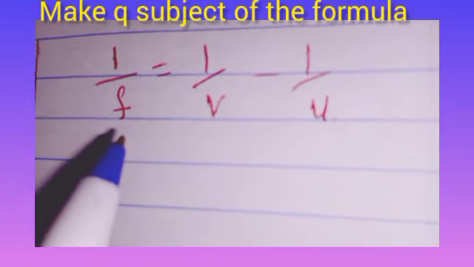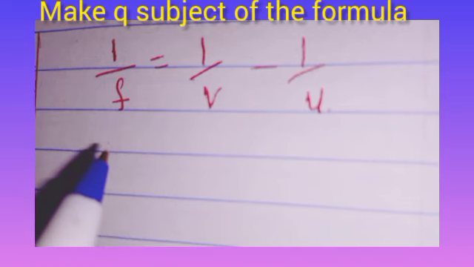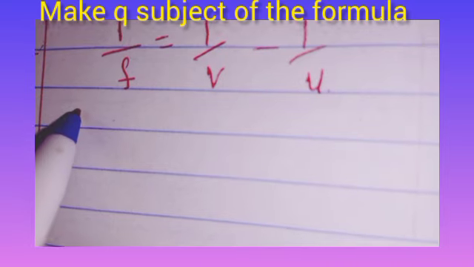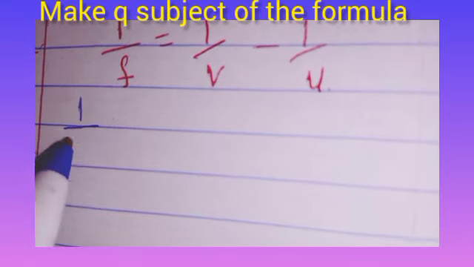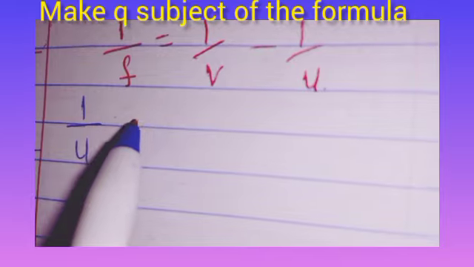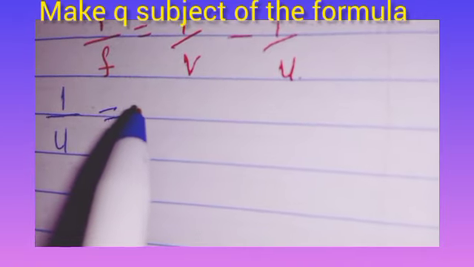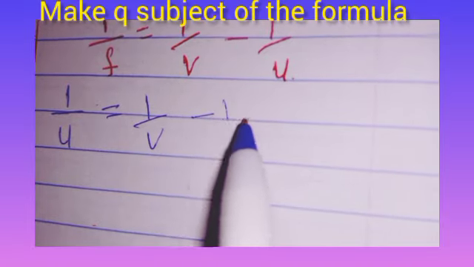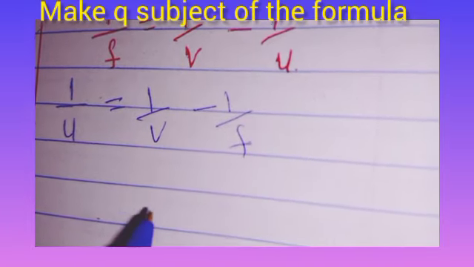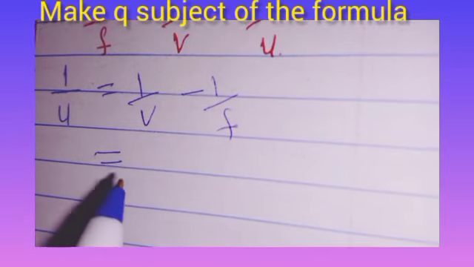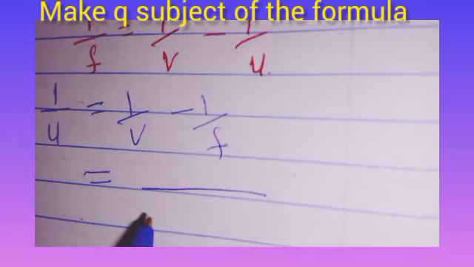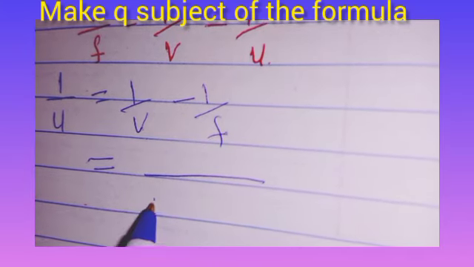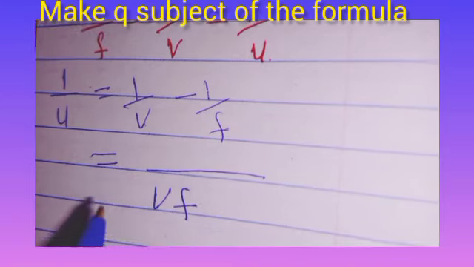In this other case here, you are going to make u the subject of the formula. So the first thing which you are going to do is to interchange. So we take 1 over u on the left hand side, and we take 1 over f on the right hand side to be subtraction. Then on the right hand side, we get the LCM of v and f, which will give you vf.